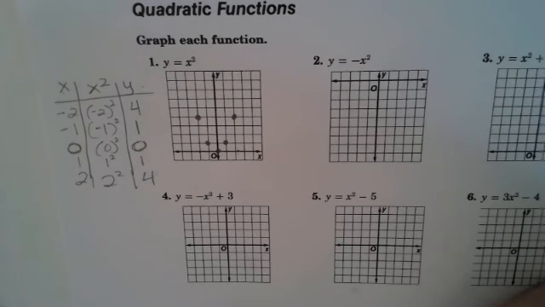Now, because this is nonlinear, I am sketching the graph, which means I'm not using a straight edge, because it's not a straight line. So you're going to do your best job possible to connect all the points.